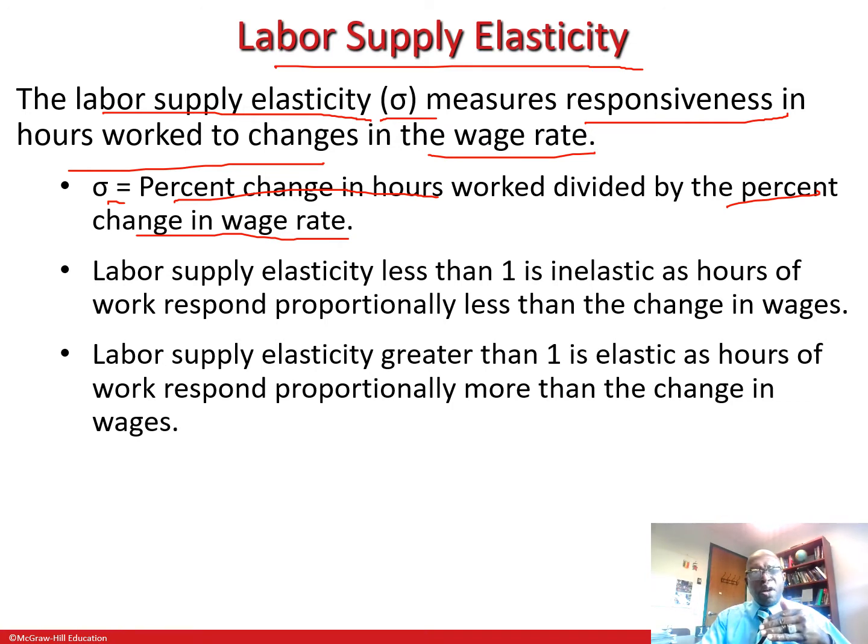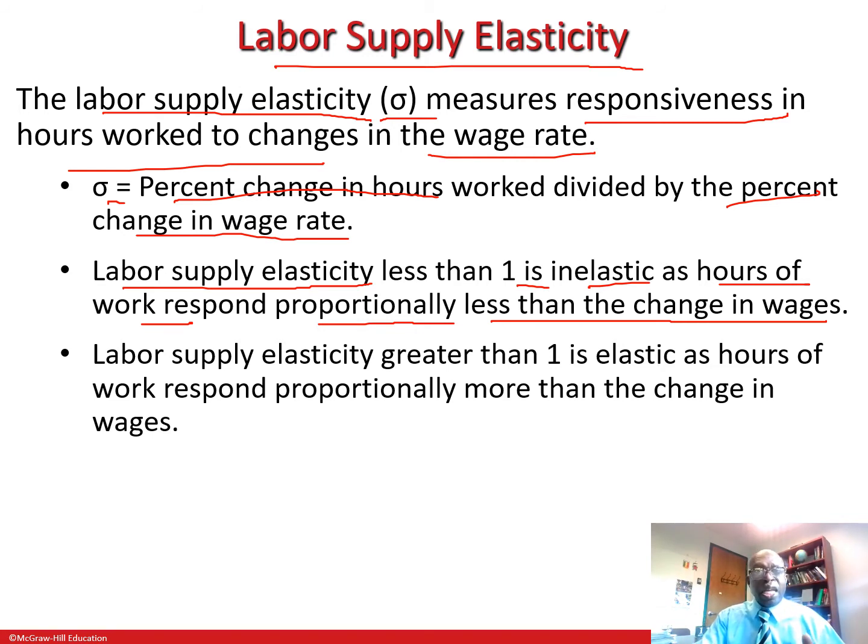If gamma is less than 1, we say that it's inelastic, meaning that hours of work respond proportionally less than the change in the wage rate. Therefore, the percentage change in the hours of work would be less than the percentage change in the wage rate. In this case, the substitution effect would dominate the income effect.